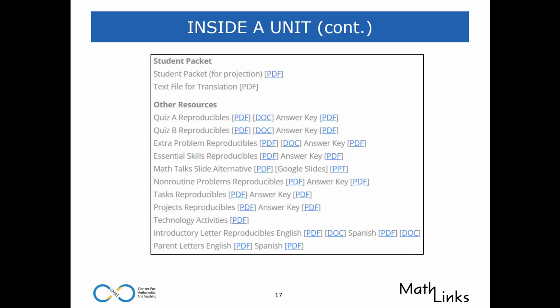Remember that the lessons in all 10 student packets should take a total of about 100 class hours, so you'll definitely want to use these other unit resources. 2 forms of a unit quiz, extra problem sets for more practice or for customizable assessments, essential skills for just-in-time review for the unit, math talks for engaging classroom discourse, non-routine problems for enrichment and challenge, tasks and projects for interesting summative assessment options, easy-to-use technology activities for variety, and the parent letters for this specific unit, which are also available on the public website.